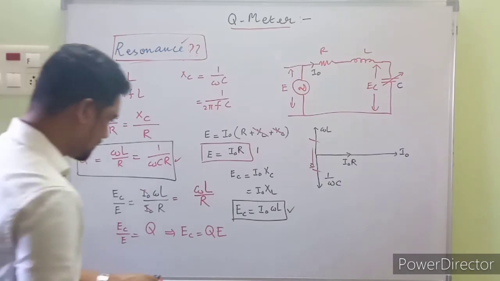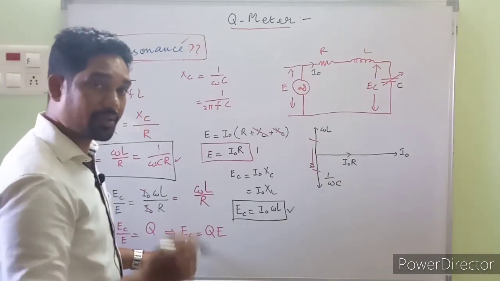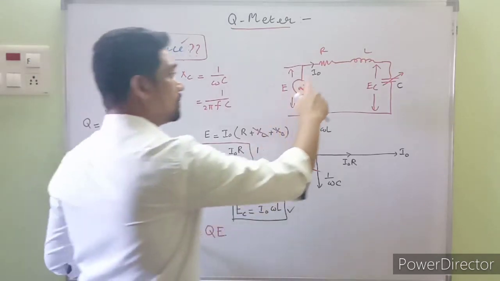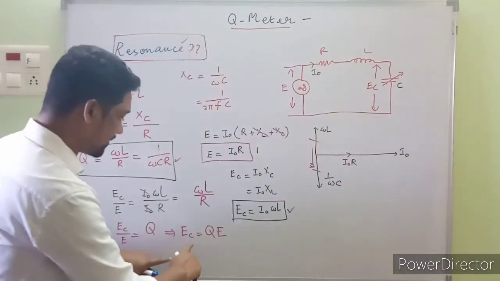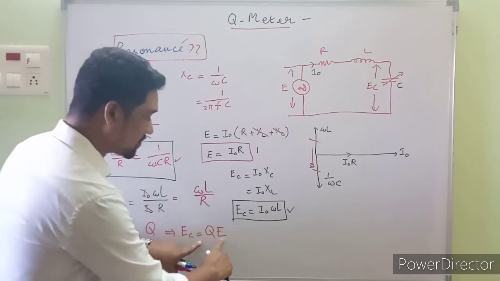You might find this statement: the drop across the capacitor under resonance for a series RLC circuit is equal to Q times the applied voltage.